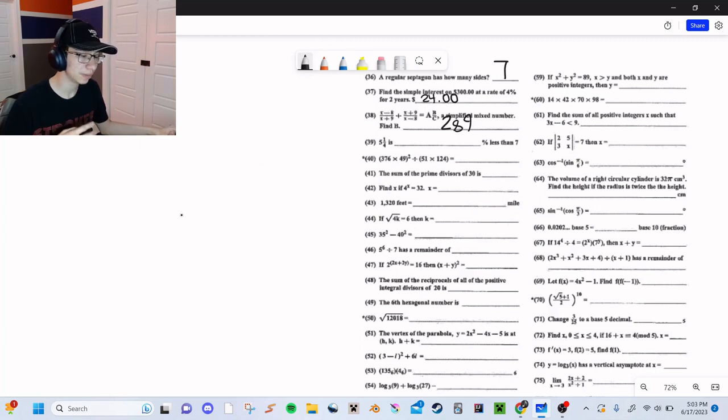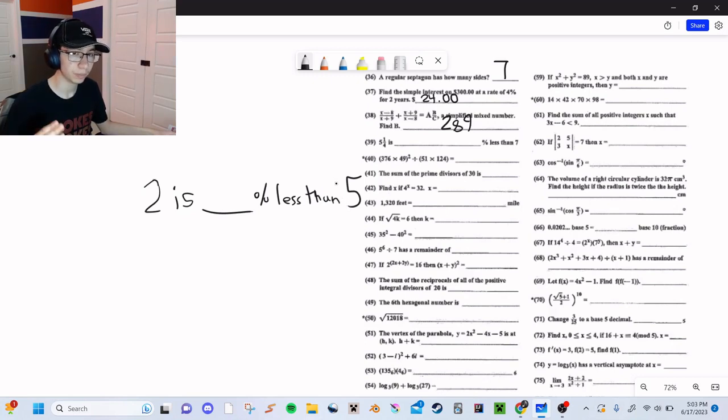let me explain what I'm about to do with an example. So let's say I were asking 2 is blank percent less than 5. The answer I get from this question would be the same if I doubled all the numbers.